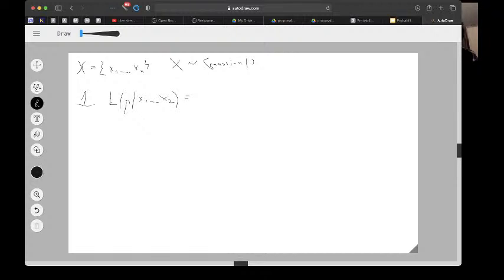So that will be the product of P of X given mu. So here I need to fill in the equation for Gaussian distribution.